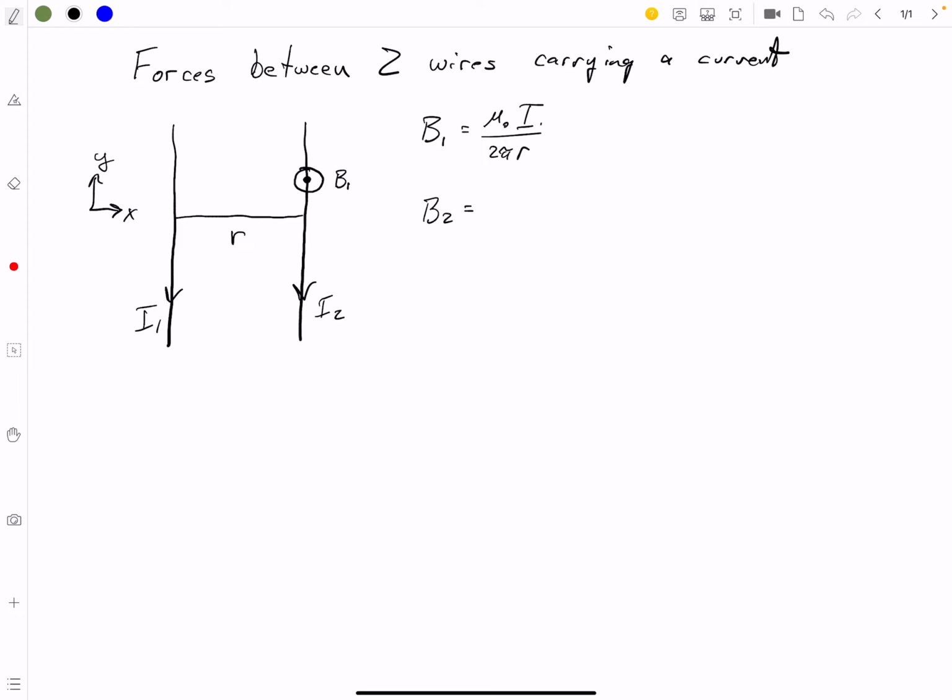Put our thumb along and we come over here and we'll notice that B2 is going into the page at I1. So if we call our Z-axis, B1 is positive in Z, B2 is negative in Z.